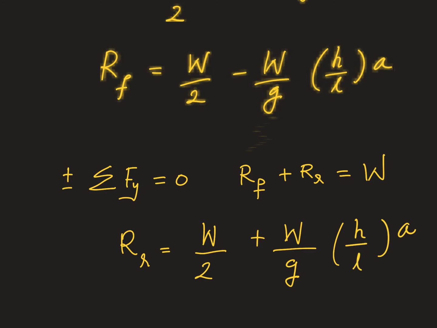And this gives you a dimensionless number, because this is the ratio of two distances. So this particular term has dimensions of Newton, which makes sense. And when we add these together, we are getting W, which again makes sense. So these are a few checks that you can do once you arrive at a final answer.